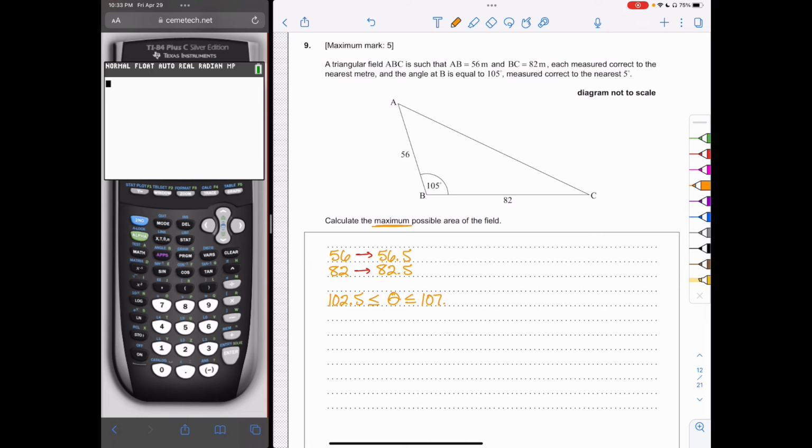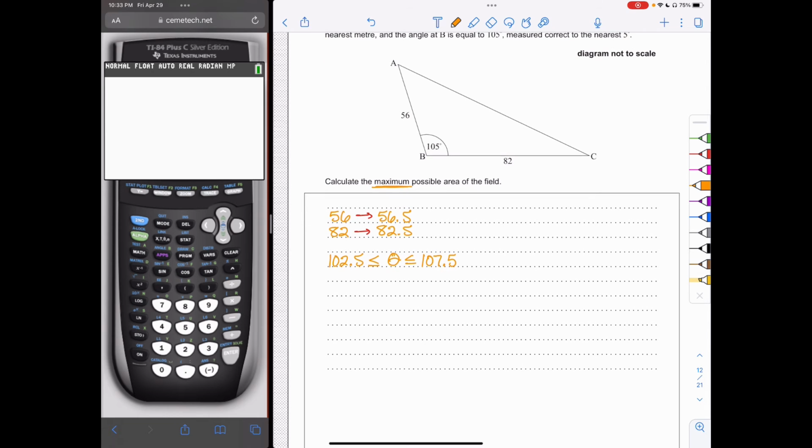Because remember, I can go up or down 2.5 degrees. So I don't know which one is going to give me my maximum. However, what I could easily do is find my area here.